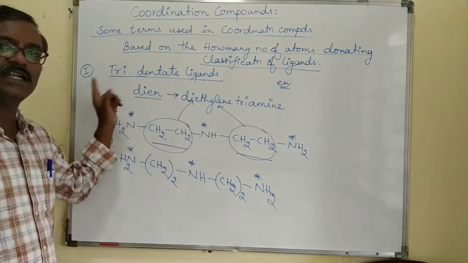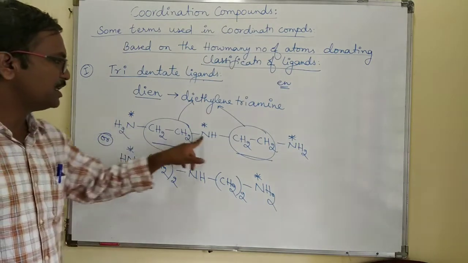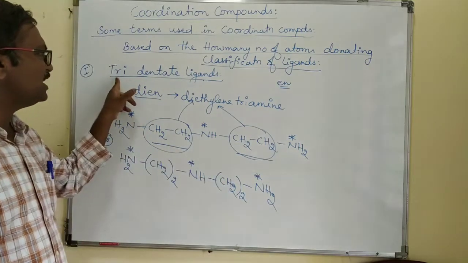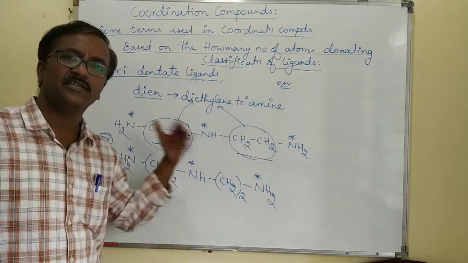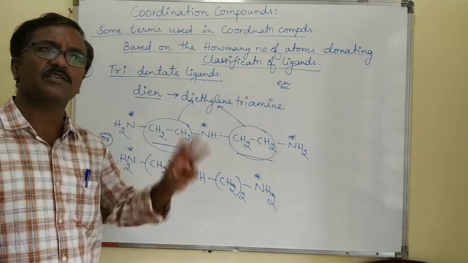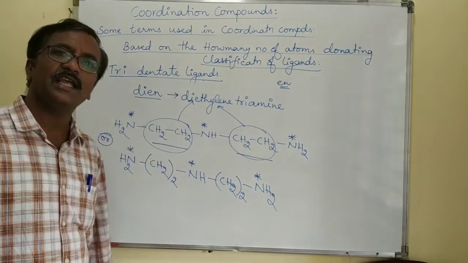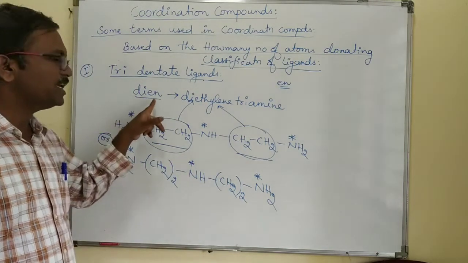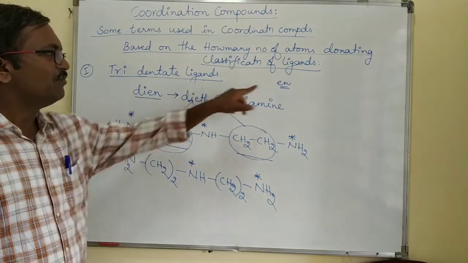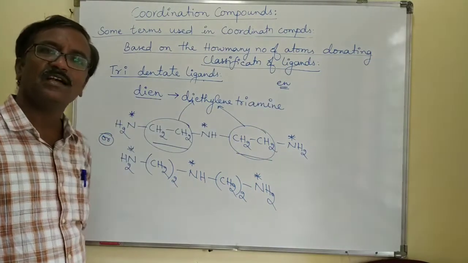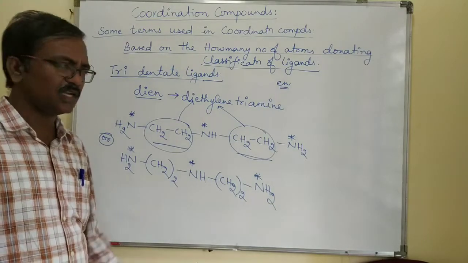This one is a tridentate. Why is it tridentate? Three nitrogens can donate electron pairs. It is a ligand donating electron density. How many atoms are donating? Three atoms. That's why it is a tridentate ligand. What is the example? Dien. But normal en is ethylene diamine, the bidentate neutral.